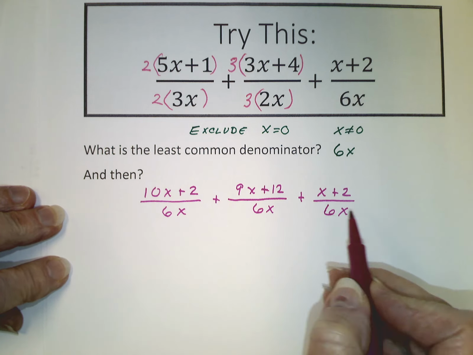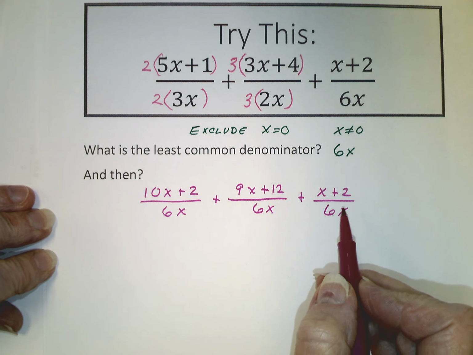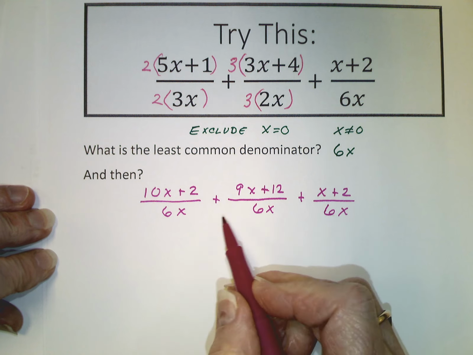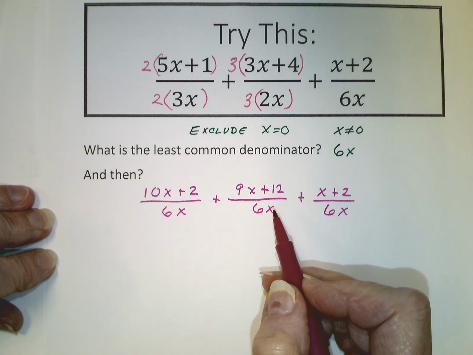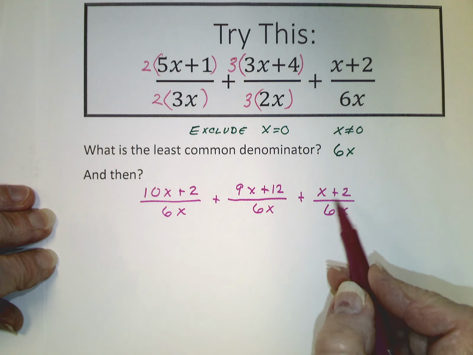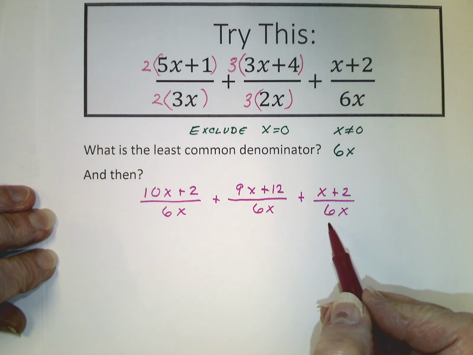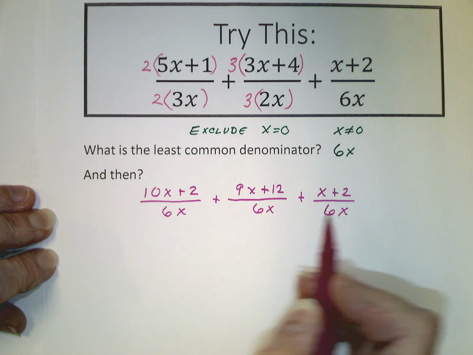Now that we have a common denominator, we can add them all together. But we don't add the 6x's together. It's these sort of 1 over 6x, these sort of 1 over 6x, these sort of 1 over 6x. How many 6x's do we have?